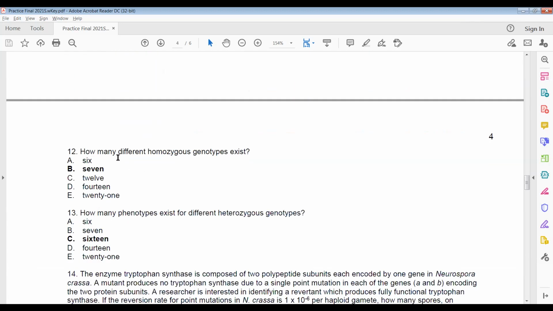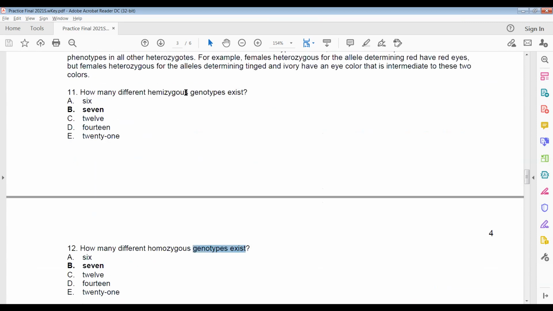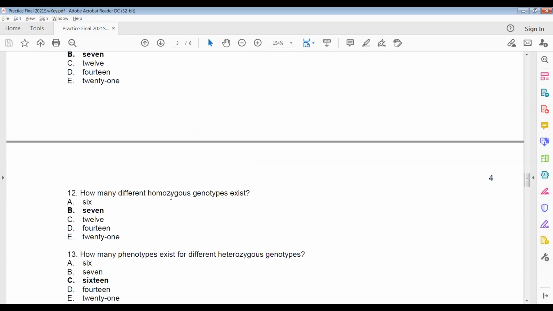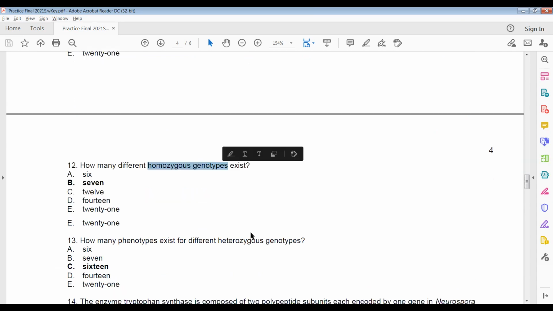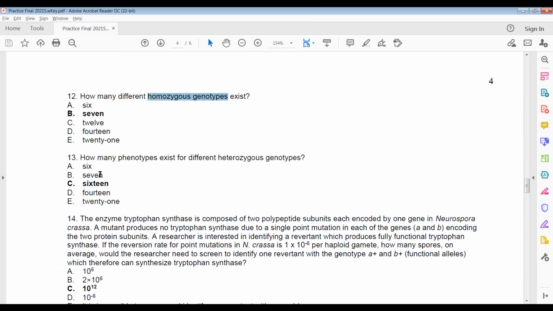How many different homozygous genotypes exist? Homozygous, the same. Since we have 7 hemizygous, we're going to have 7 homozygous genotypes as well. But this one is a little bit tricky. Now, if we talk about the heterozygous, which means we have 2 different alleles from these 7, how many phenotypes do we get?